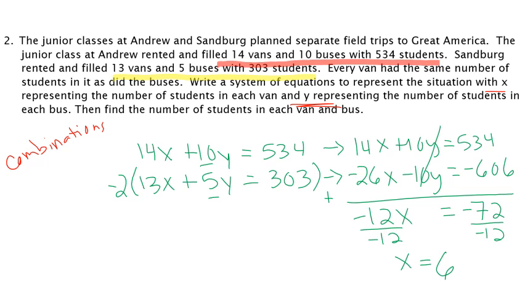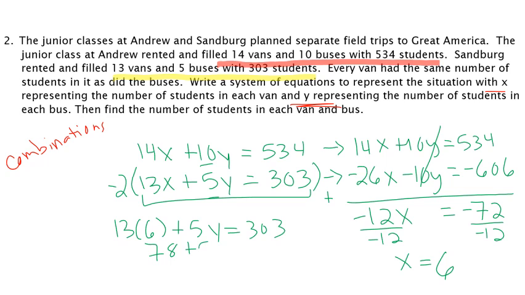And then if I wanted to find what my y was, I could substitute it anywhere I like. Maybe I'll use this one down here. And then we would just substitute in that 6. So 13 and 6 would be 78, and then we'd go ahead and solve it out.